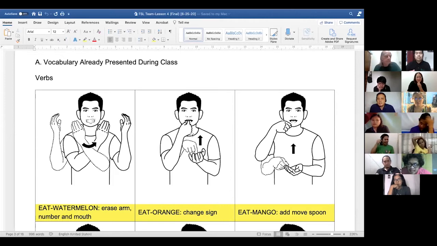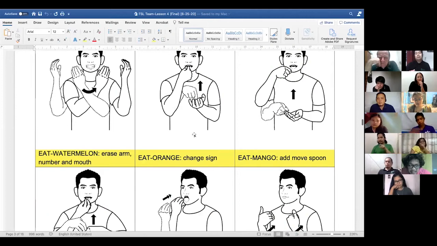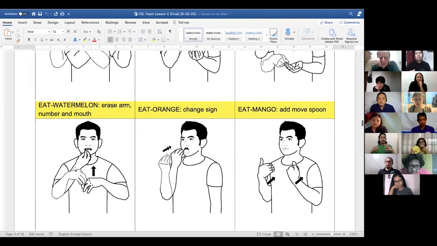But it just feels like there's something missing in that one because we have to break it off. And in that sign, it looks like we're just directly putting it in our mouth. So, and mango, we use a spoon. So we scoop it up. So it should be two signs actually, one to scoop and one to put it in your mouth.